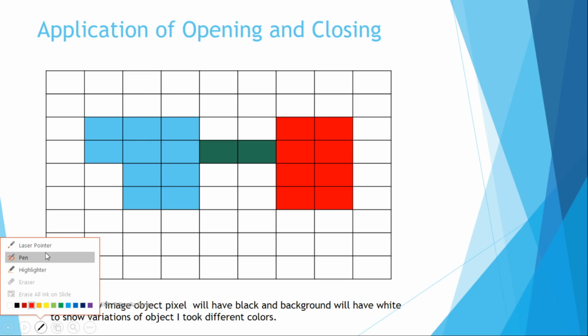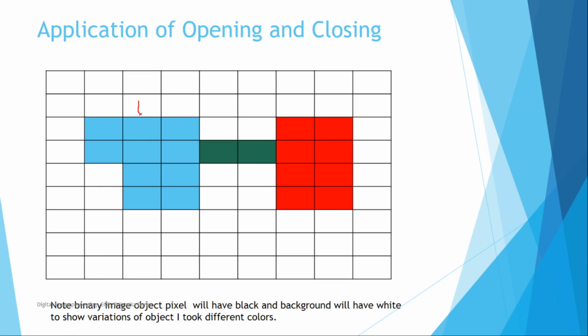So this is object 1 I am assuming. And this is object 2. And this is the total image we have. In this, another color is also present, which I am considering as object 3. This is not actually an object.